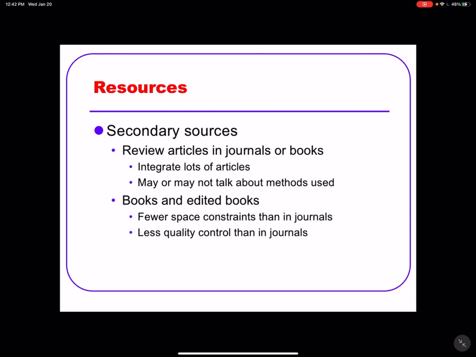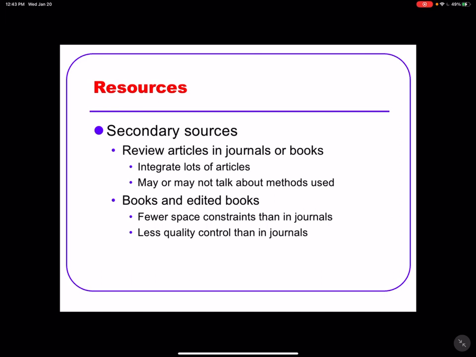If there's something that has a lot of knowledge accumulated on it, an expert will read a bunch of original sources and write an overview of what this research says overall. What are the strengths and weaknesses? What do we know about the phenomena of interest after reading all of these single studies about it?